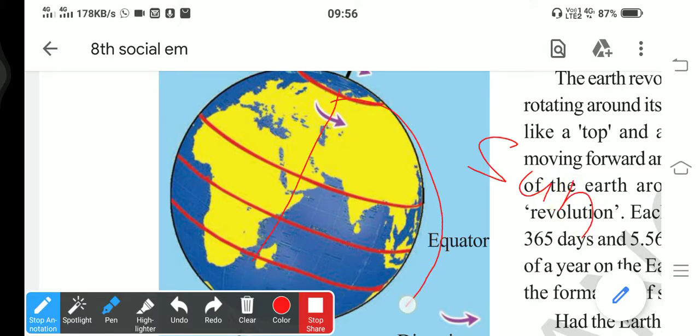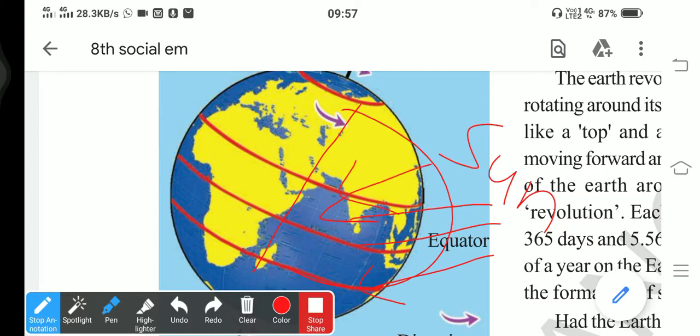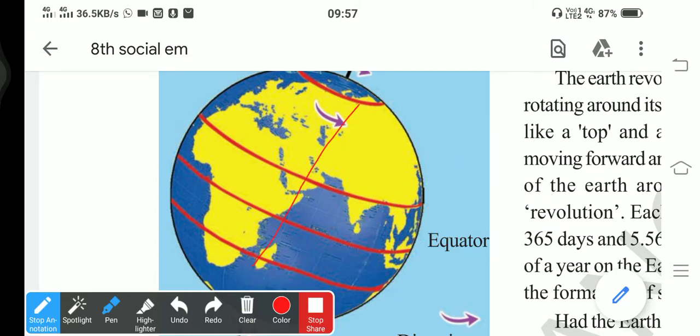This is the area that is completely exposed to the sunlight at a particular time. Half portion of the earth, as it is exposed to the sun, is lit with sunlight.